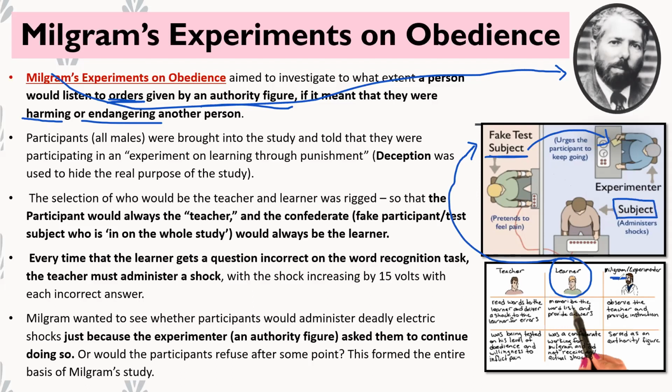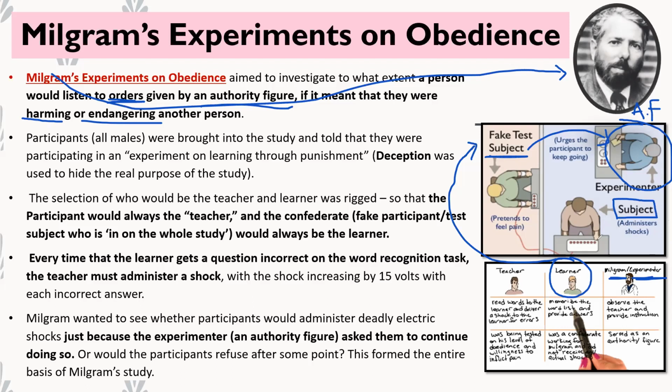Milgram, or the experimenter, is the person who sits there giving out the orders. This is our authority figure. This is the person in the other room getting the electric shocks, which we'll talk about. And this is the unknowing participant or subject who's come from outside. He's not in on the experiment.